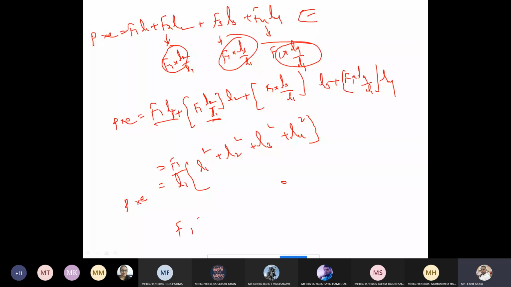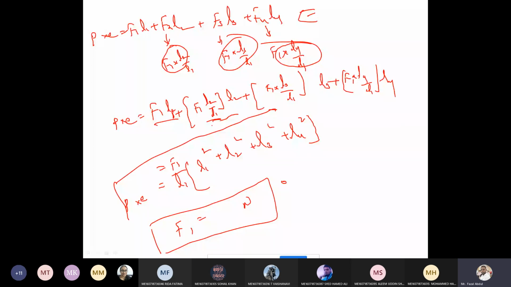From this equation, we are calculating the F1 value in terms of newtons. After getting the F1 value, substitute the F1 value here, you will get F2, and substitute the F1 value here, you will get F3.